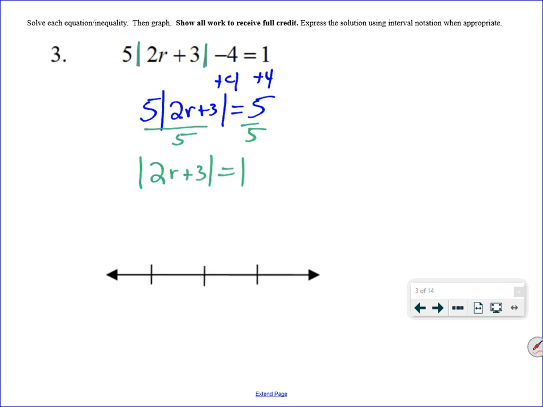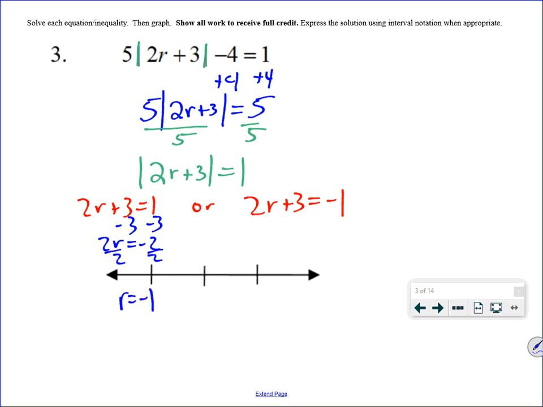Then I create my two equations. Either 2r plus 3 equals 1 or 2r plus 3 equals negative 1. We're going to solve both of those. We get r equals negative 2.